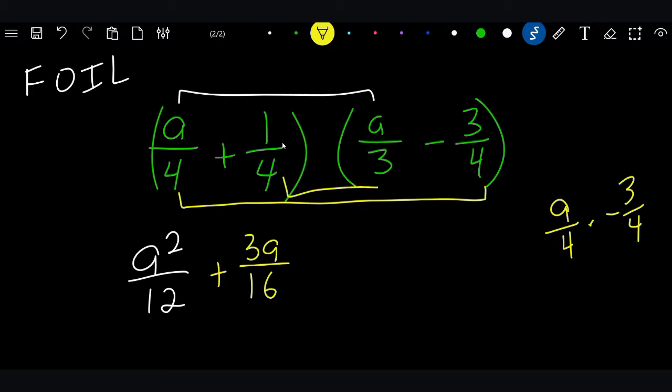And then we'll do the inners, and I'll erase this and we'll keep doing it over here. The inners are going to give us 1 over 4 times A over 3, and I'm going to get A on top, 1A, just A, over 12, plus A over 12.